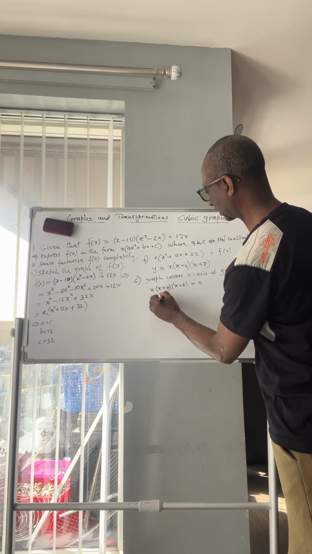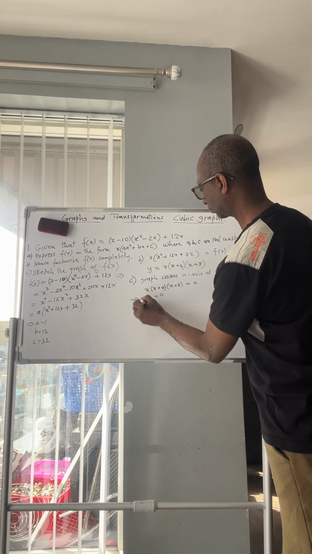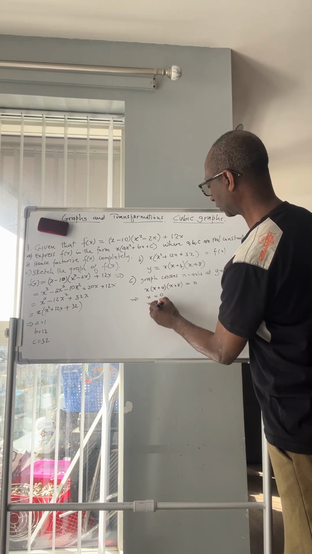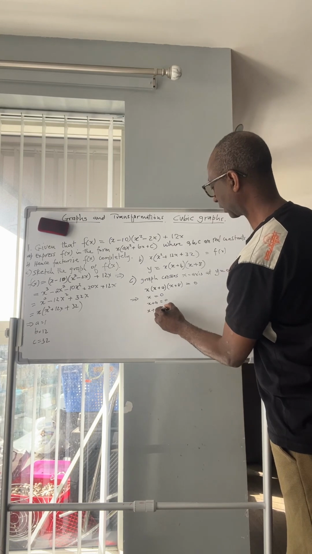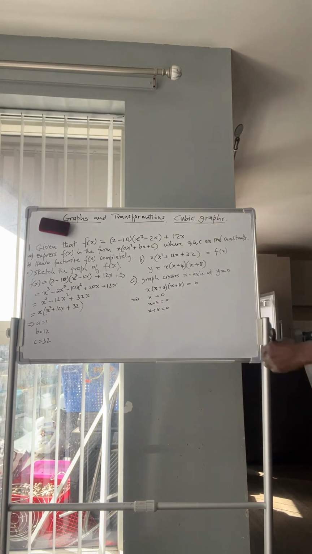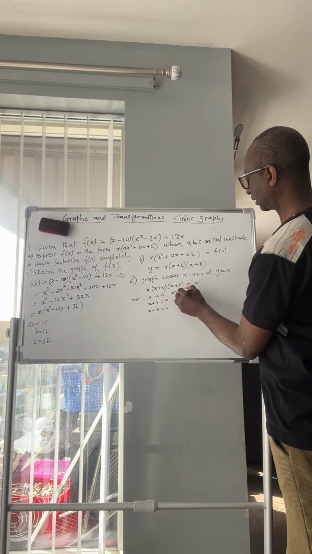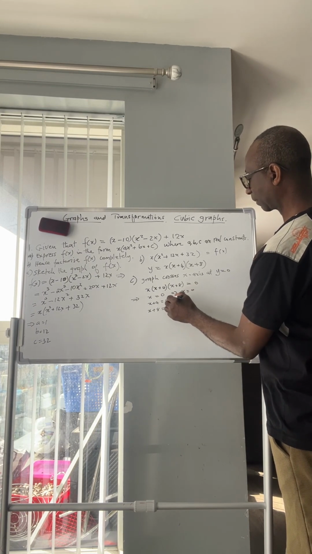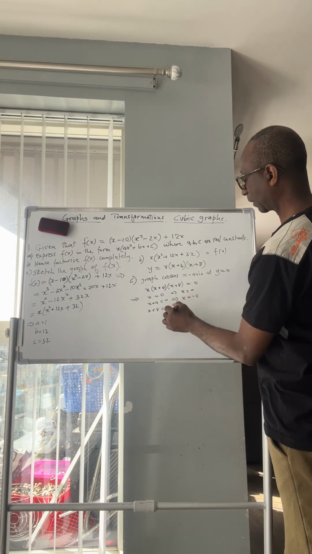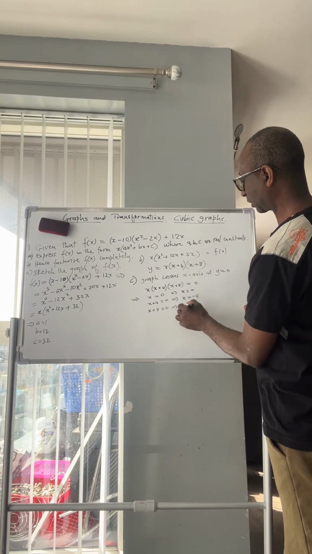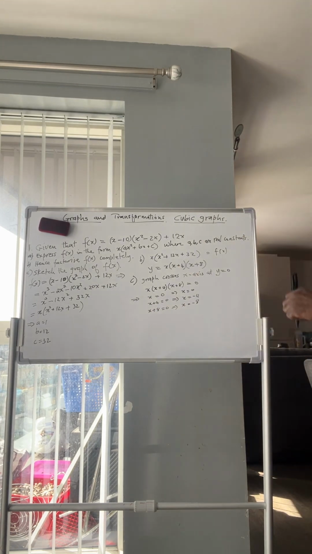So it means this one here doesn't change. X is equal to 0, and this one implies x equals minus 4, and x plus 8 equals 0 implies x equals minus 8.